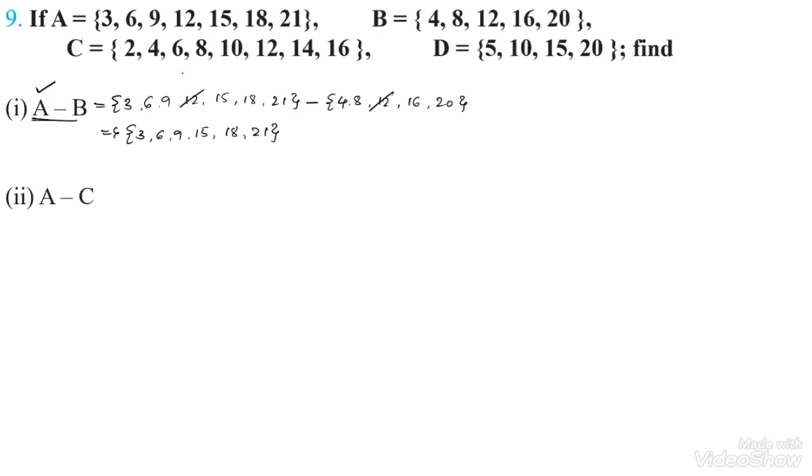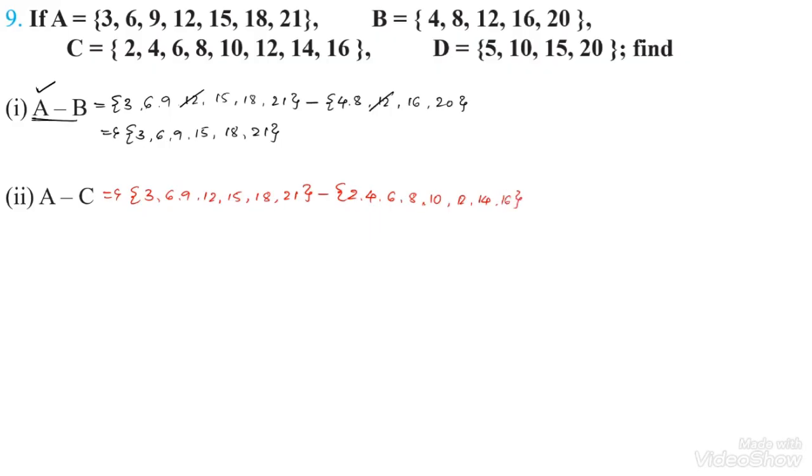Second question. A difference C. What are the elements of A? 3, 6, 9, 12, 15, 18, 21. Minus, then set C: 2, 4, 6, 8, 10, 12, 14, 16.